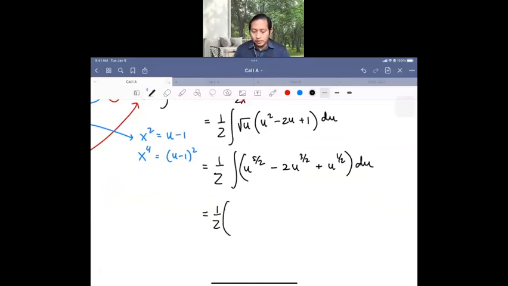And the integral of u to the power of 5 over 2, we need to add 1, so it should be 7 over 2, so 2 over 7 u to the 7 over 2, minus 2 over 5 u to the 5 over 2, plus 2 over 3 u to the 3 over 2, and plus c.